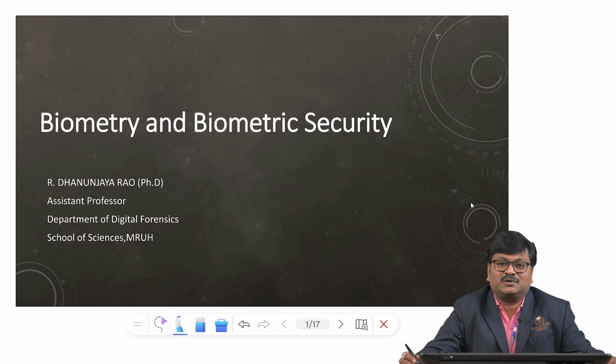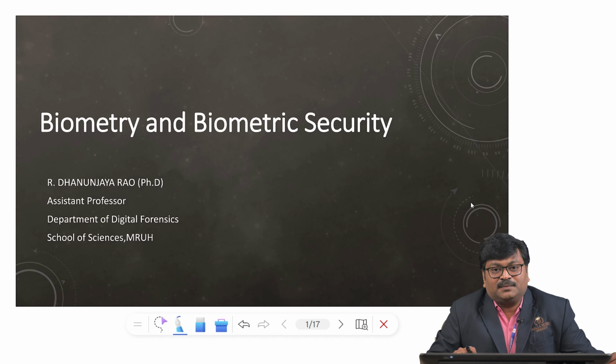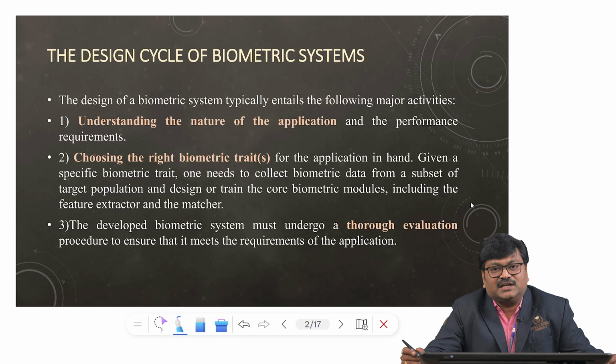We need to know the basic information related to that, as well as how well we will be able to evaluate the content acquired by these biometric systems, and in what way we will be granting access to the users. So in today's session, we will be discussing the basic fundamental thing of any biometric system, that is called the design cycle of biometric systems.